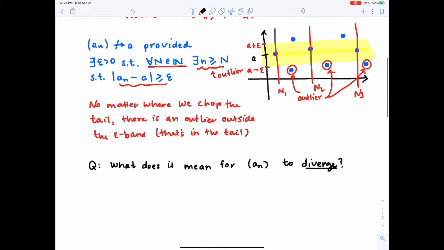In particular, we should be able to show that for all choices of A, so for any limit that we try to pick in R, a_n does not converge to A. So no real number is the limit of our sequence. And if you can demonstrate that, then you can say that a_n diverges.